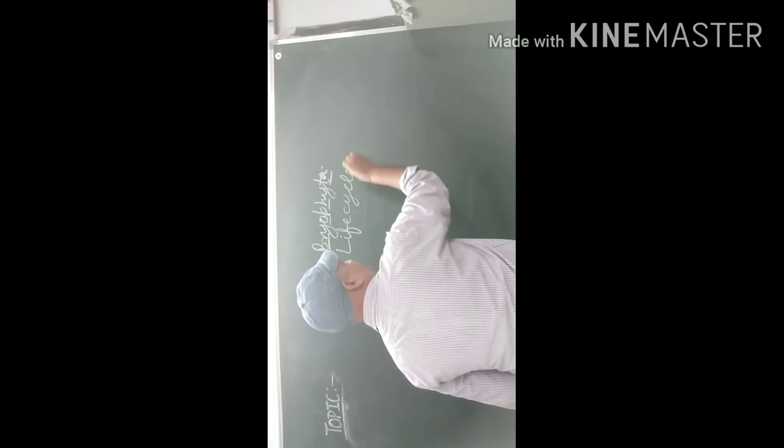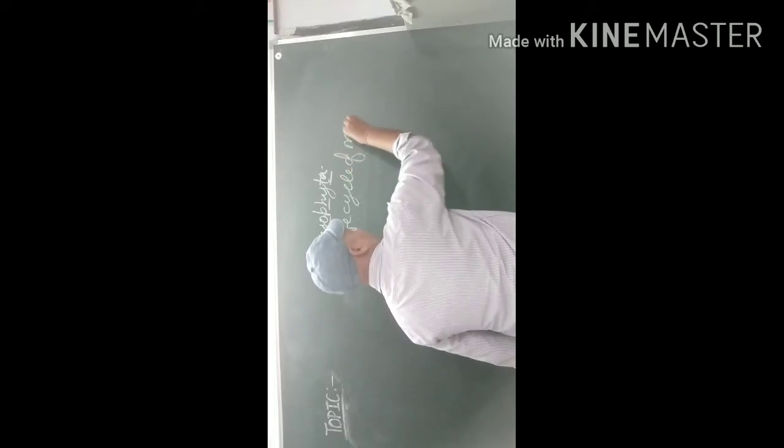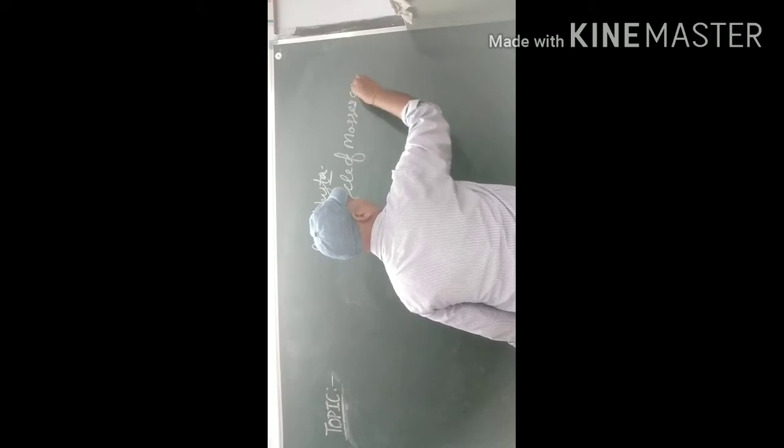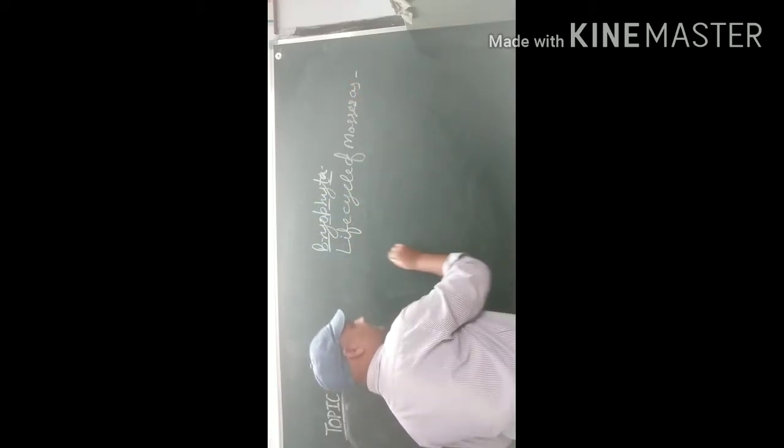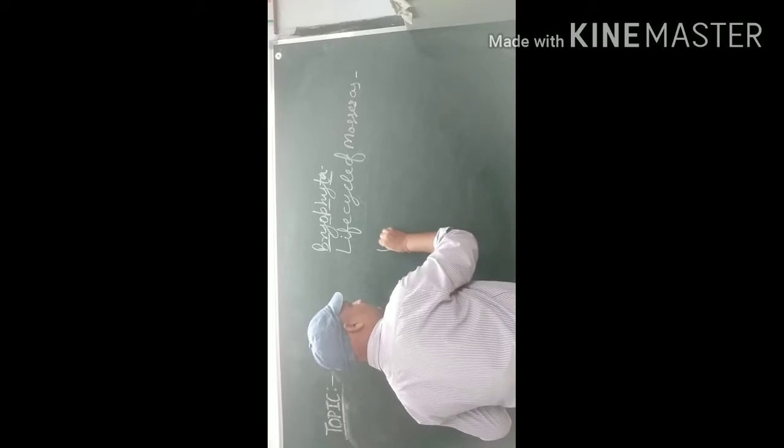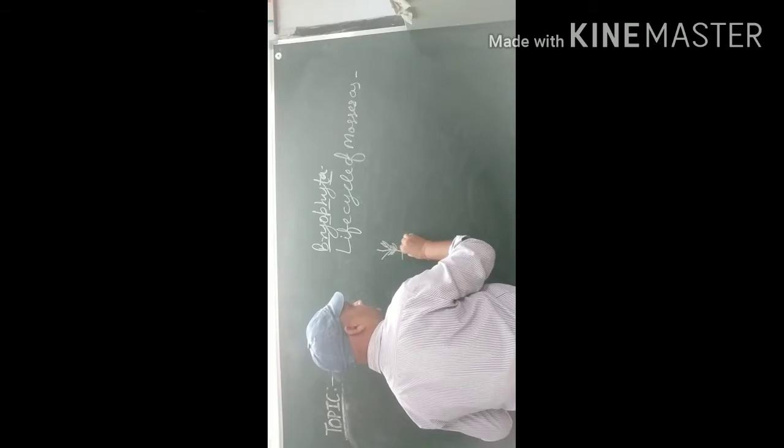Two generations come alternately in the life of mosses. So now the life cycle of mosses: the main plant body is gametophytic.